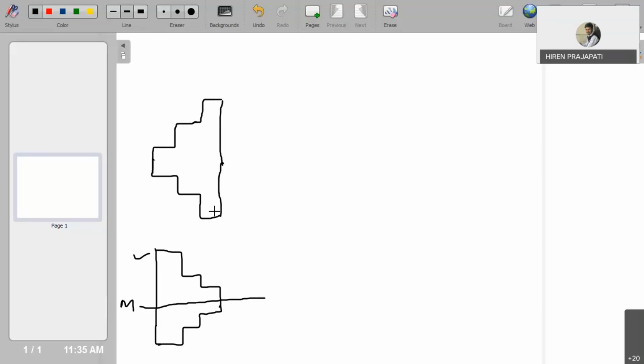Right? So this is spindle shaft. On this we have connected spindle, right?